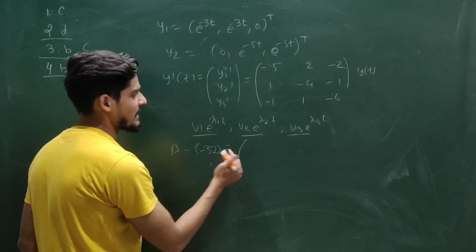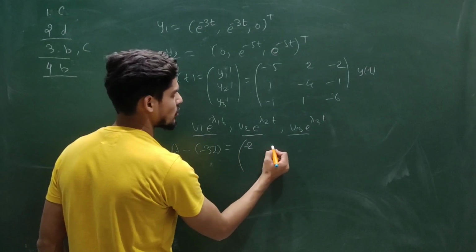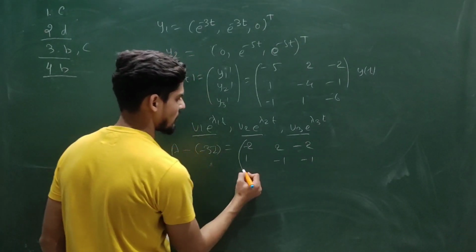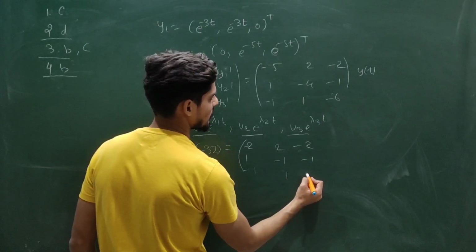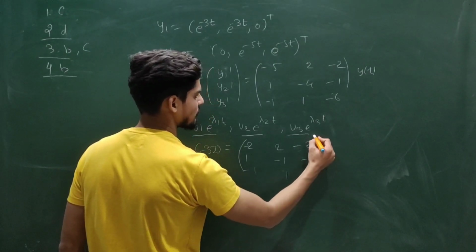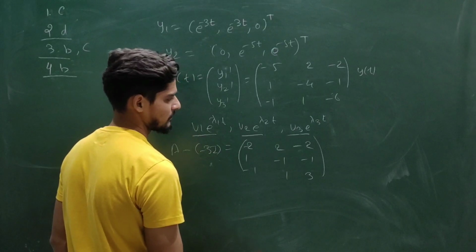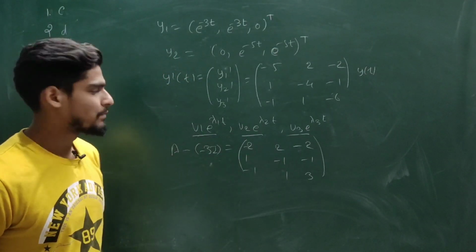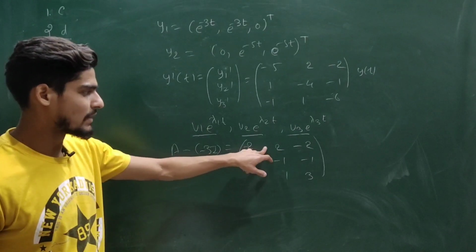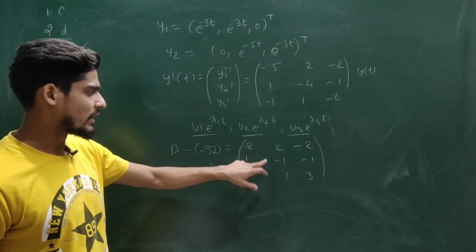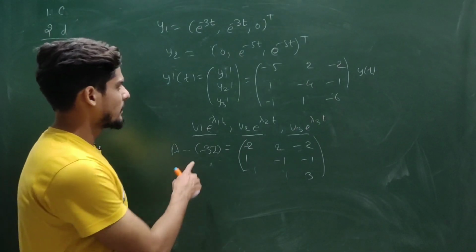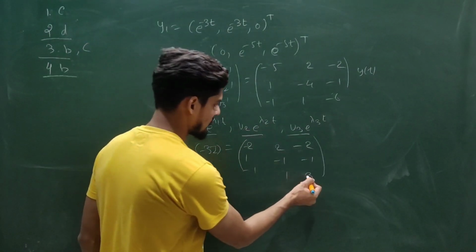So what is your A plus 3I matrix? It will be -2 2 -2 1 -1 -1 -1 1. So you can easily verify this row and this row are both linearly dependent, because if you multiply with -1/2, then you will get the same. No, wait. A plus 3I, if you add 3, this is -3.